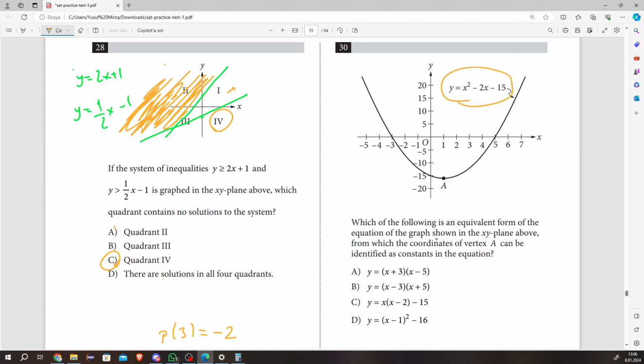It's simple, and let's see, it is correct, but it gives wrong. And if you do that, also it is true too, or it should not be identified as constants in the equation. So let's look at it. Of a vertex, I should look for the vertex. What's a vertex?